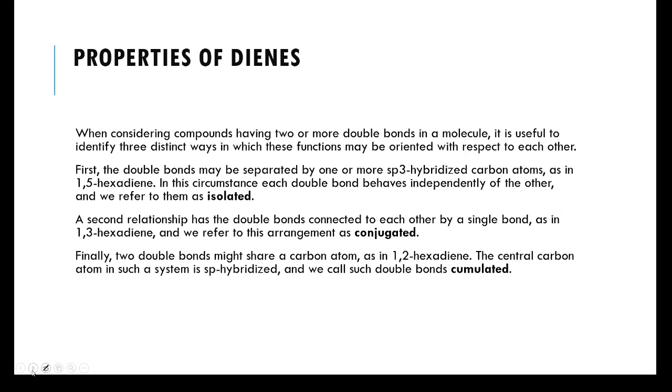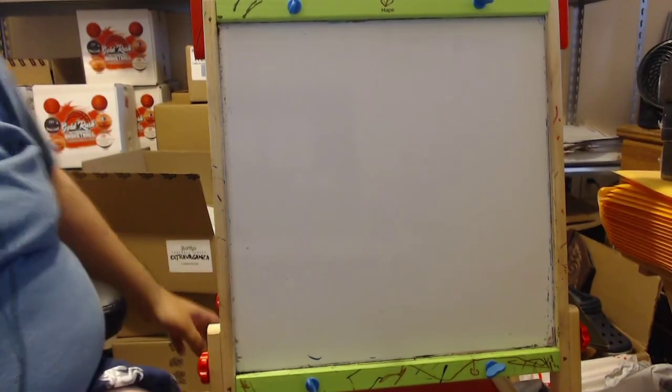Okay. So what if I have two double bonds? There's three different ways I can look at double bonds if I have multiple. I'm going to show you the three ways.